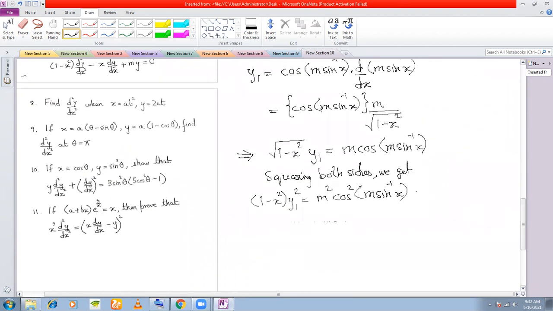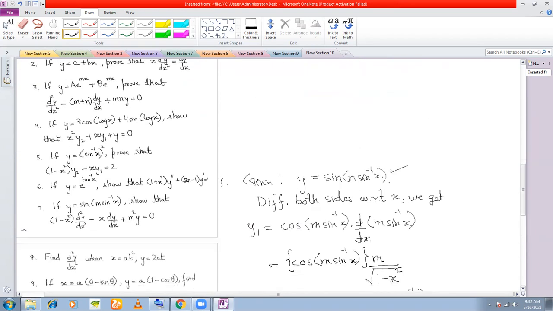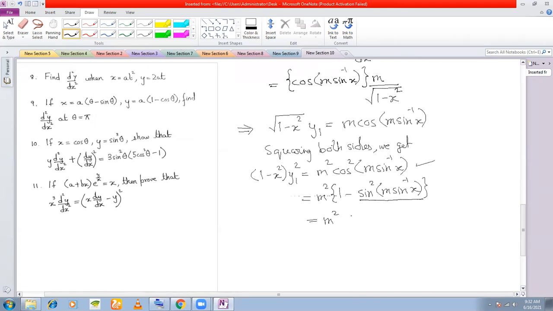So in order to put y here, we change cos square to 1 minus sine square. You can write this as m square times 1 minus sin square(m sin inverse x). Now, what is this? y is equal to sin(m sin inverse x), so this part becomes y square. You can write this as m square into (1 minus y square).